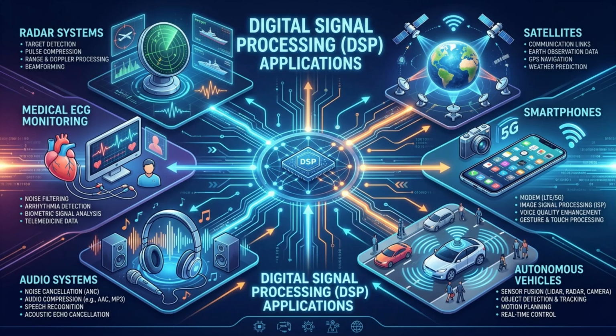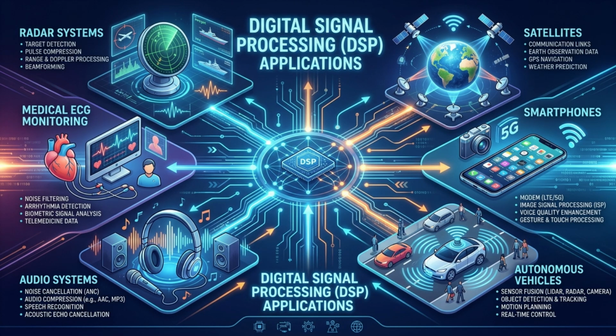In radar systems, DSP helps detect targets and estimate their distance and speed. In medical equipment, DSP is used to analyze ECG and EEG signals. Even modern AI systems often rely on DSP techniques to pre-process data before machine learning algorithms are applied.